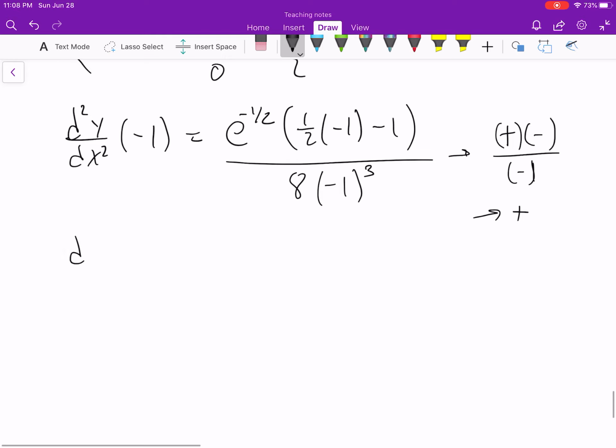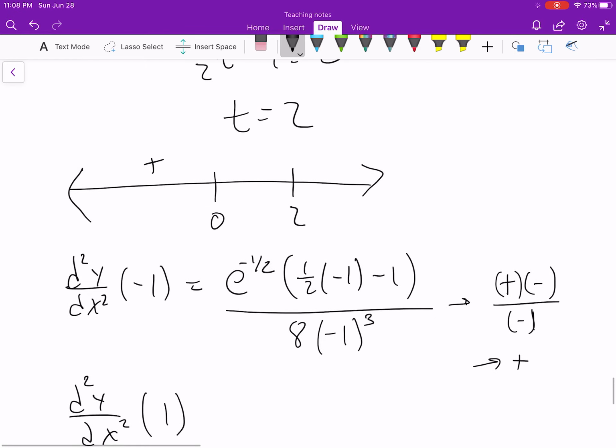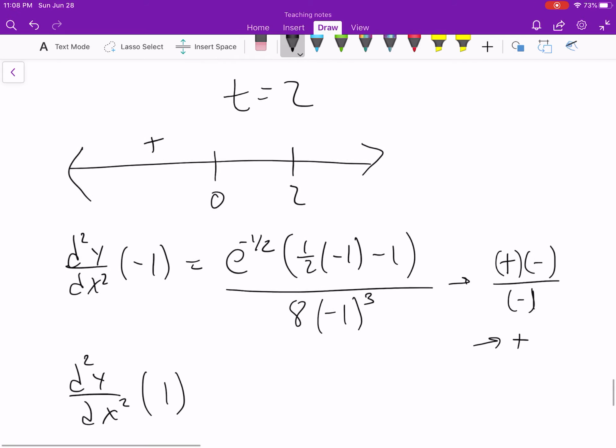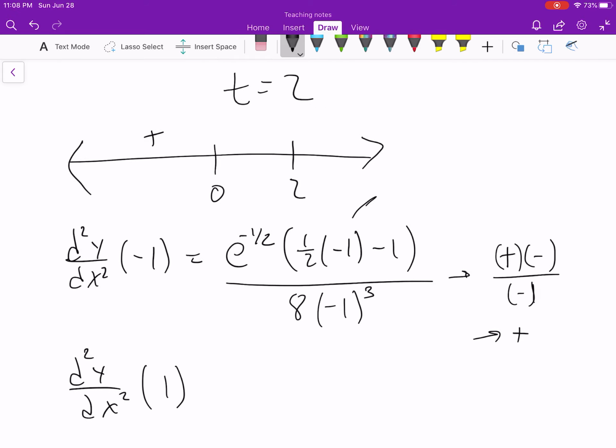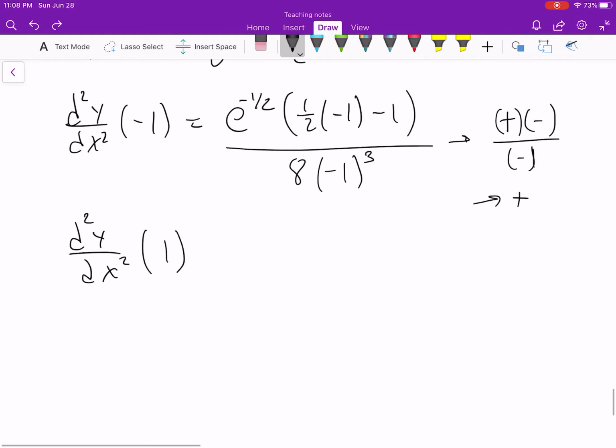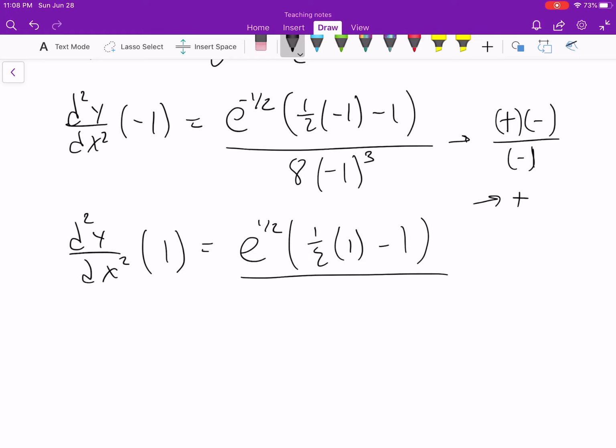Between 0 and 2, I know some of these weren't as nice as I'd like them to be. You got fractions. It's still not difficult, so even with those, you should be able to plug in and do what I'm doing here and just see if they're positive or negative. So this is going to be e to the 1/2 times 1/2 times 1 minus 1, divided by 8 times 1 cubed.